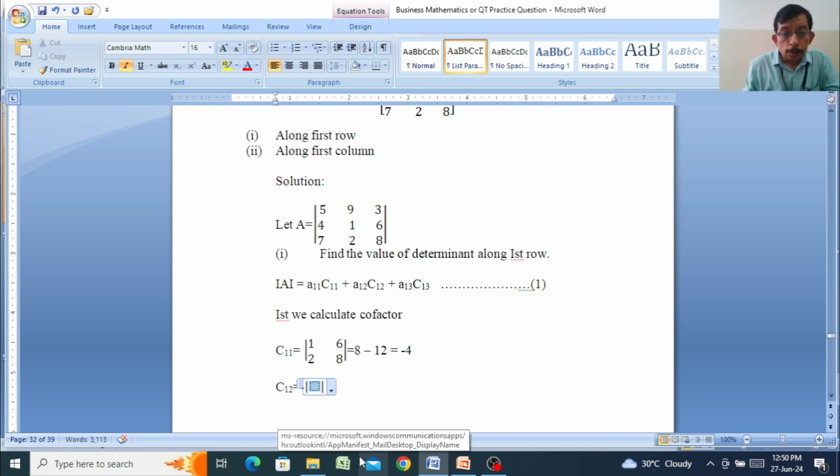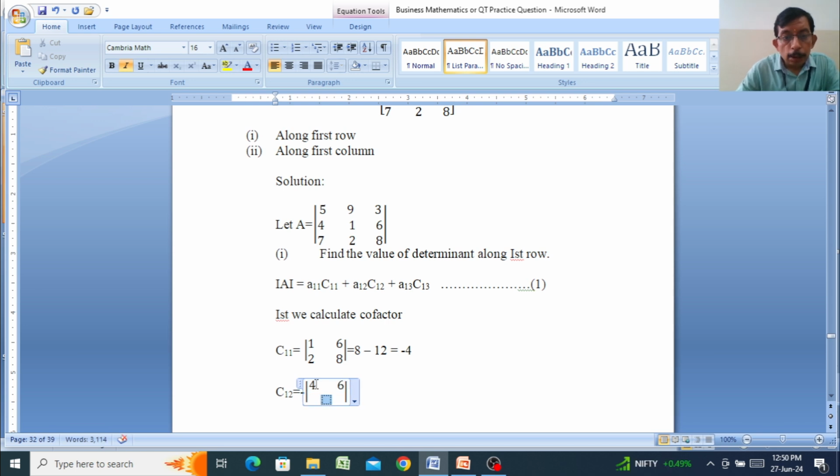The C12 value: deleting the first row and second column, the remaining elements are 4, 6, 7, 8.